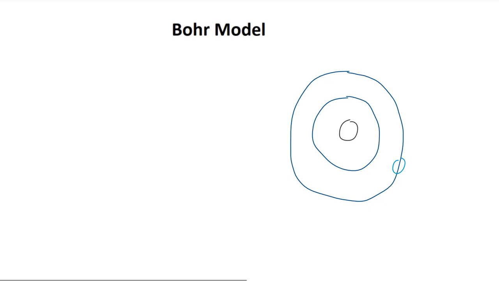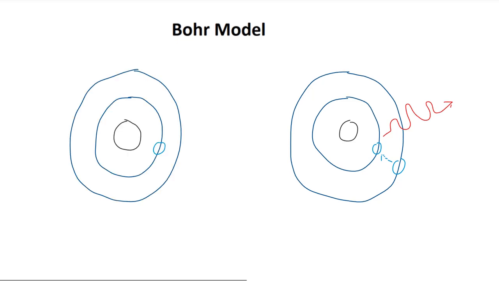For example, an electron can go from a high energy orbit to a low energy orbit by emitting a light wave. Emitting a light wave causes a loss of energy, thereby forcing that electron to jump to an orbit of lower energy. Conversely, when an electron absorbs a light wave, it jumps from a low energy orbit into a high energy orbit.